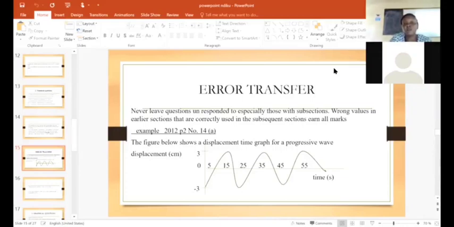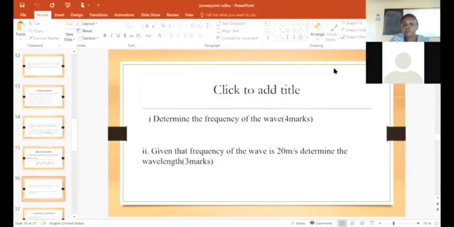For example, we have that wave which is drawn there. From the wave, we can get the period. We have the question: determine the frequency of the wave.